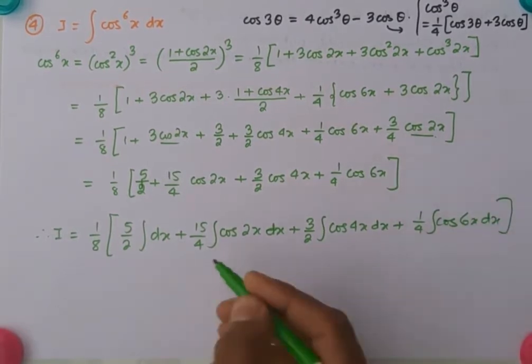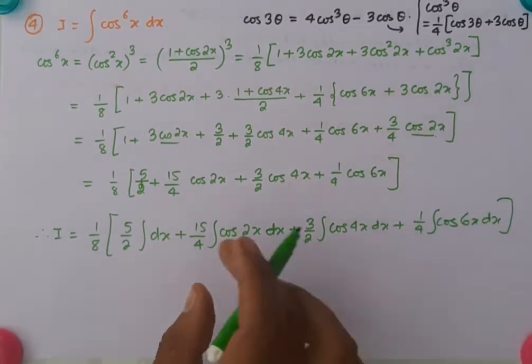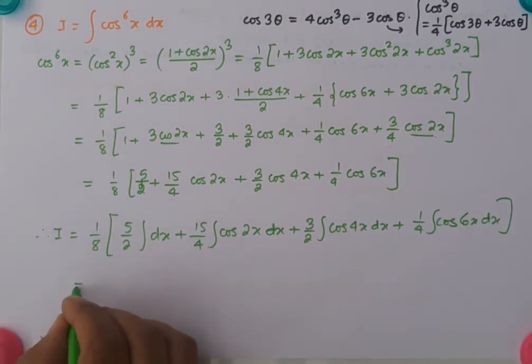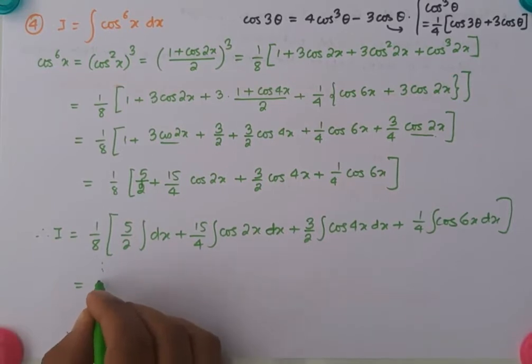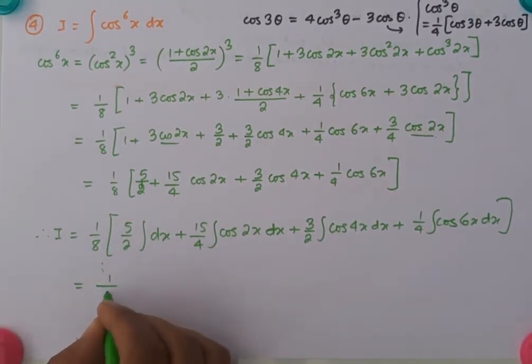Now your turn is to evaluate this, and ultimately your answer will turn out to be, so do the remaining part. Your answer will turn out to be 1 by 32.